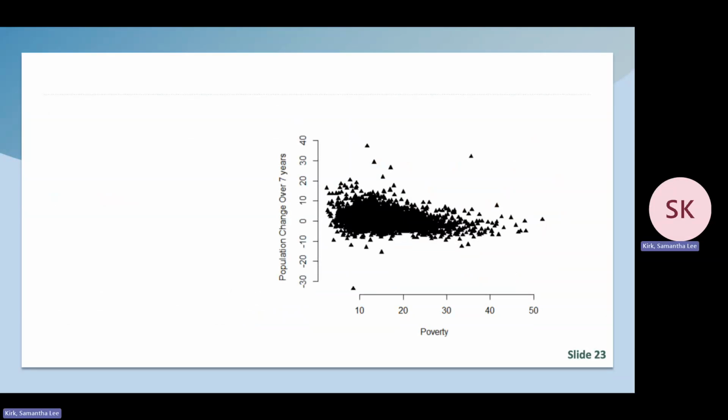Let's look at one more example. Here I have a bunch of dots that represent different counties, and the percentage of people living in poverty is the x-axis, and the y-axis is the population change over 7 years in that county. And it really doesn't matter what the axes are. What I'm really interested in is the association.